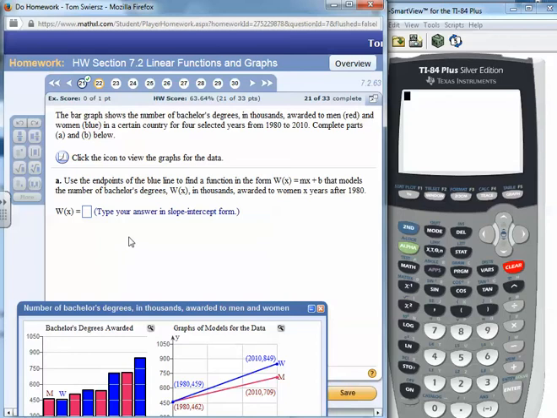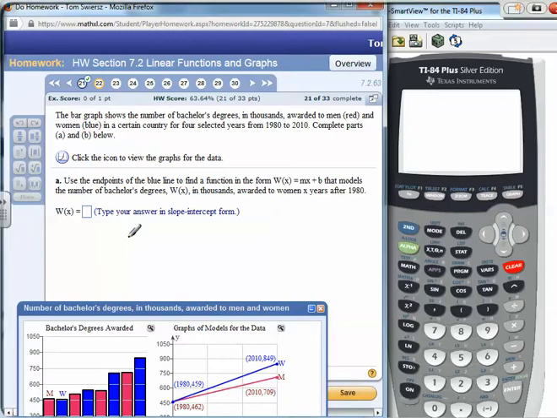So the slope is y2 minus y1 over x2 minus x1.